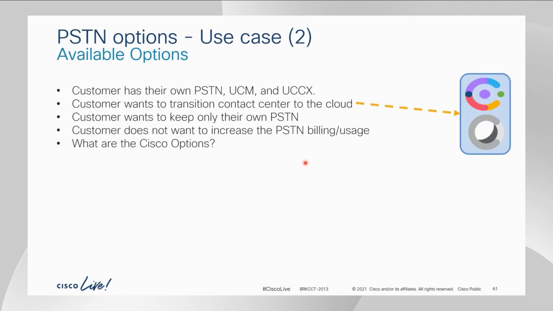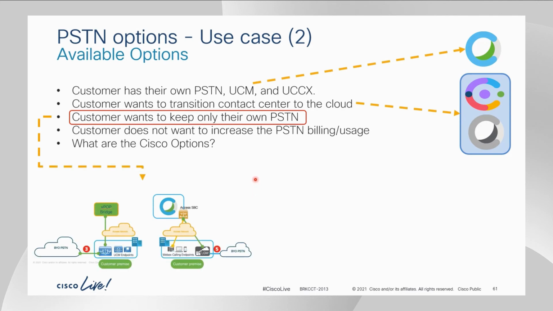What that means is the customer does not want the call hairpinning through the PSTN multiple times. So since they want to move everything to the cloud and just keep PSTN on their premises, for the contact center from UCCX, we have the Webex Contact Center option. They also want to replace Unified CM, so the option for calling will be Webex Calling, and we can offer that to them.